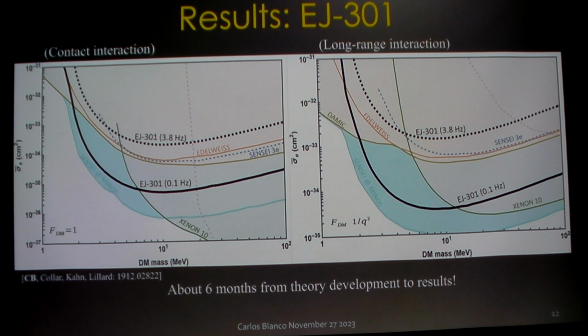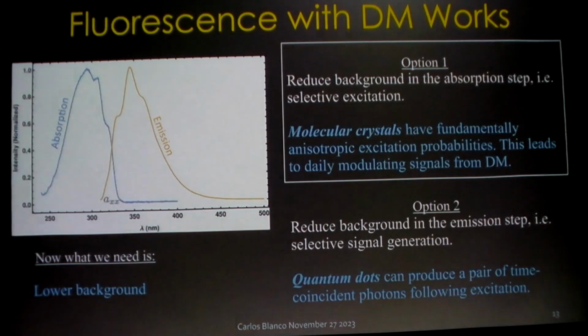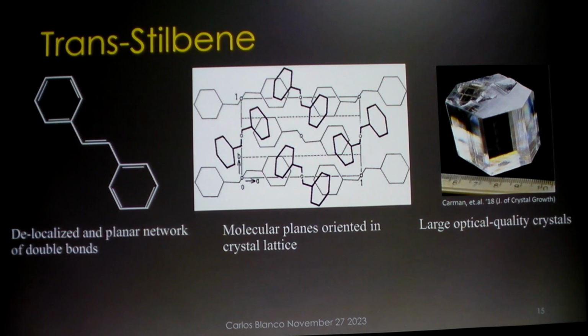So that's a non-starter. So you want to get a little bit more clever, and that's why you want to reduce the background not in the fundamental noise rate, but in the way that the signal comes out. And that's why we're looking at the daily modulation.